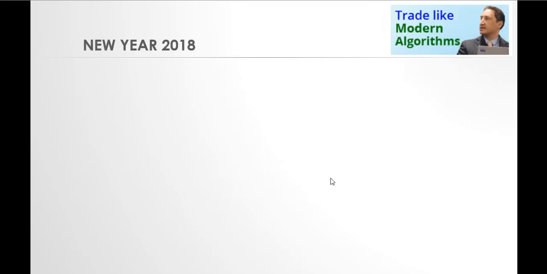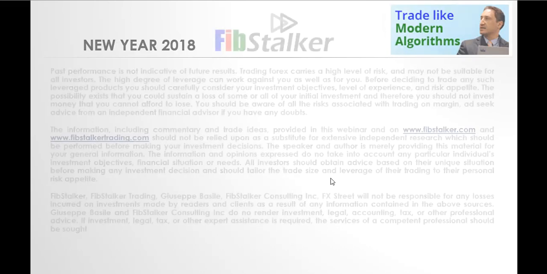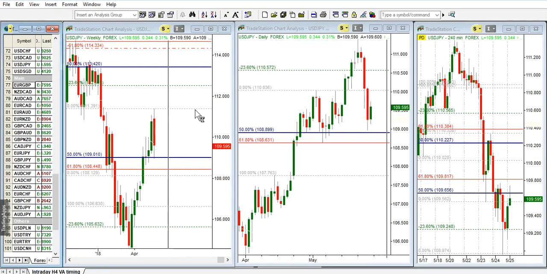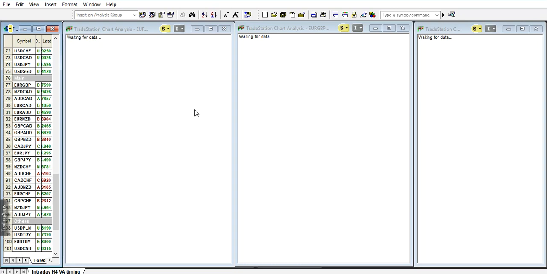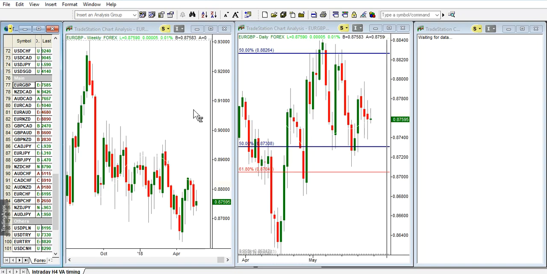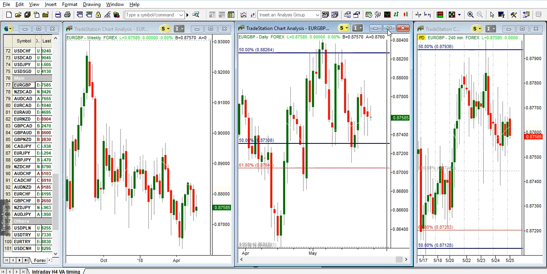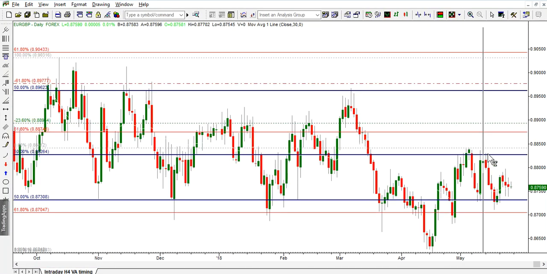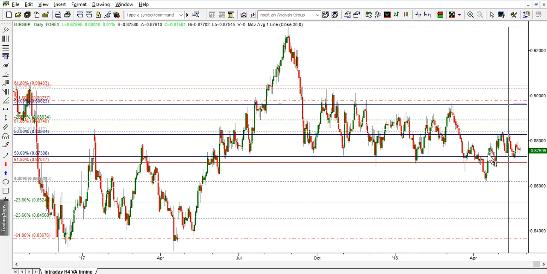All right, so let's continue here with this analysis, starting from the euro pound. The euro pound is in a sequence of measure move lower, as you know, and this market has been retesting this level a number of times, now holding the 50%, but it's still technical here.